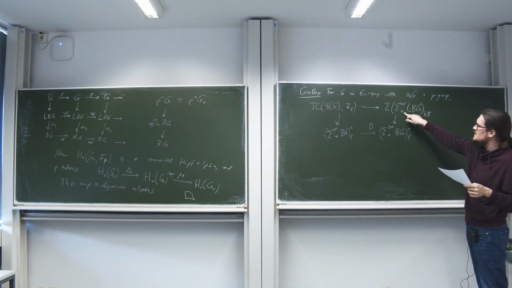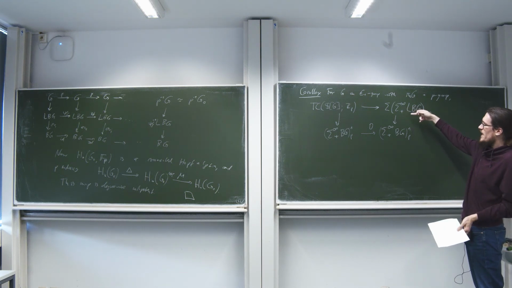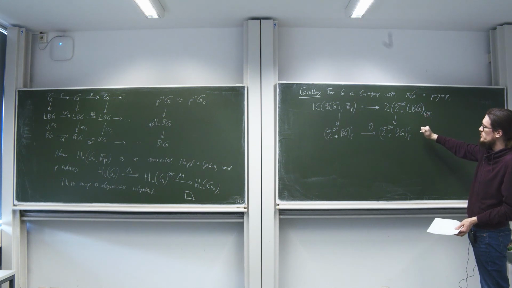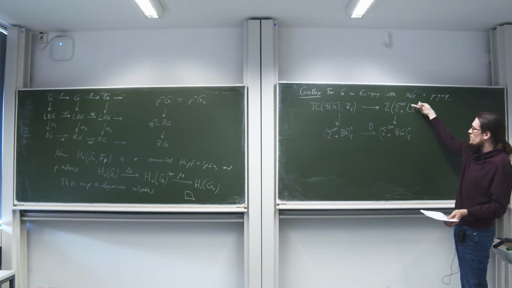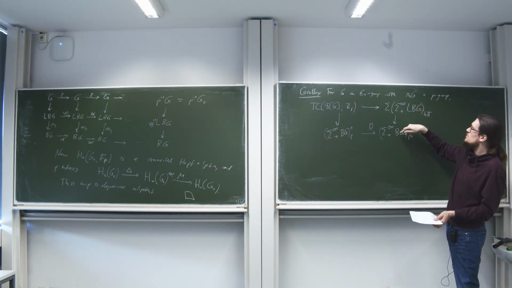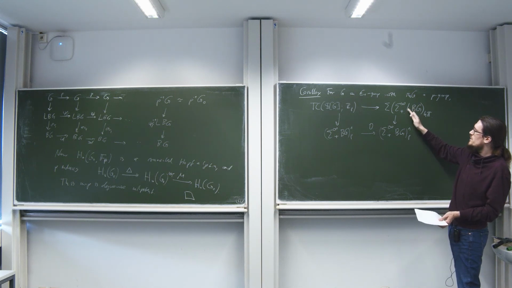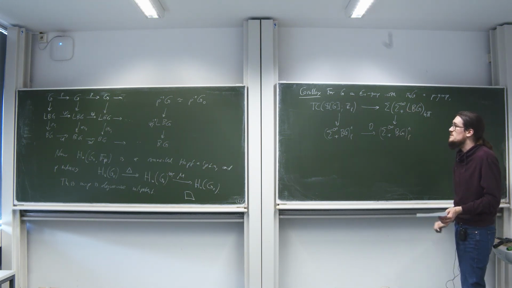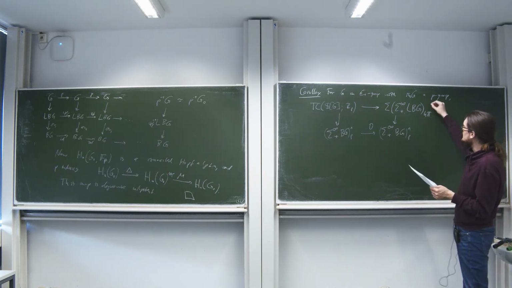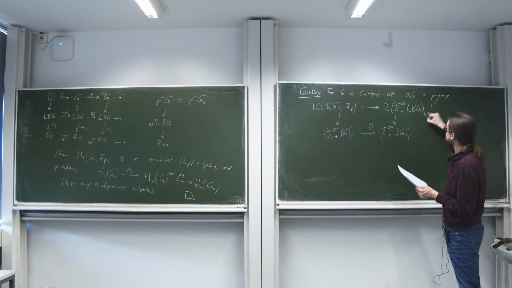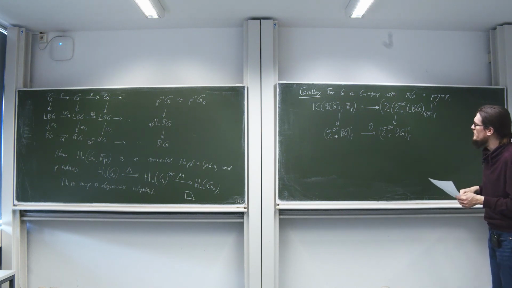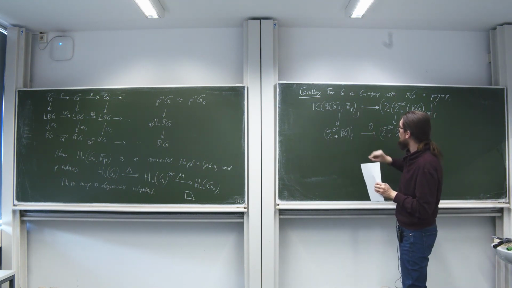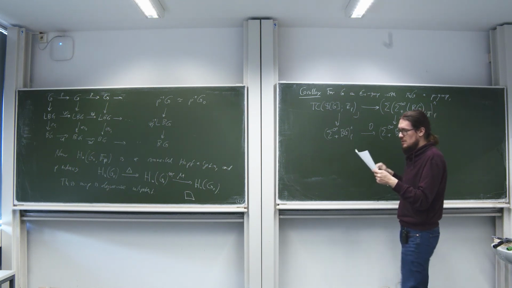And this map here is the transfer map we had earlier, like norm followed by the forgetful map from homotopy fixed points to the underlying spectrum, and then further followed by the evaluation map from the free loop space to evaluating at a point in your space BG. And I guess here we also need to P-complete. Maybe it would have been cleaner if I said it's a pullback after P-completion. But anyway, this is a pullback.